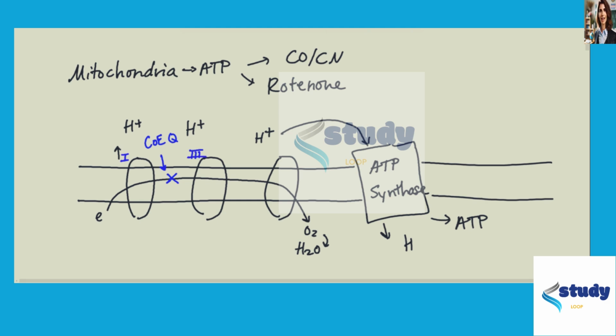When that occurs, you're no longer going to get a significant movement of hydrogen ions into the intermembranous space, which is going to decrease the amount of ATP.